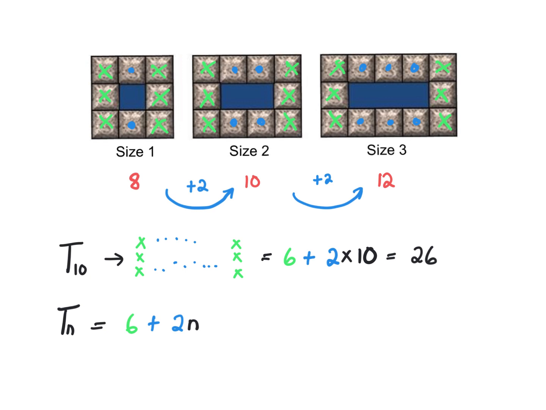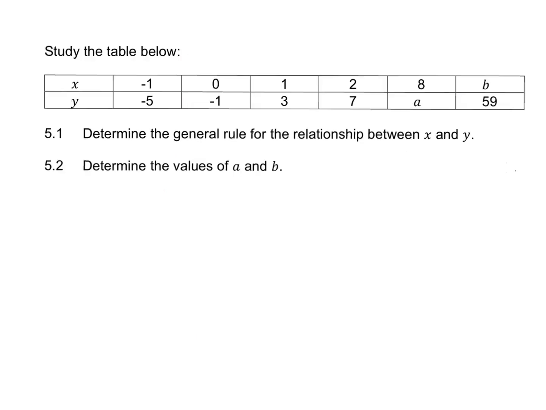Okay, I hope that made sense, because now we're going to look at an example without a picture. This example is quite tricky because now I also have negative numbers. So let's see if I can figure out what's going on. Like before, I'm going to start by seeing what we add in between every time.